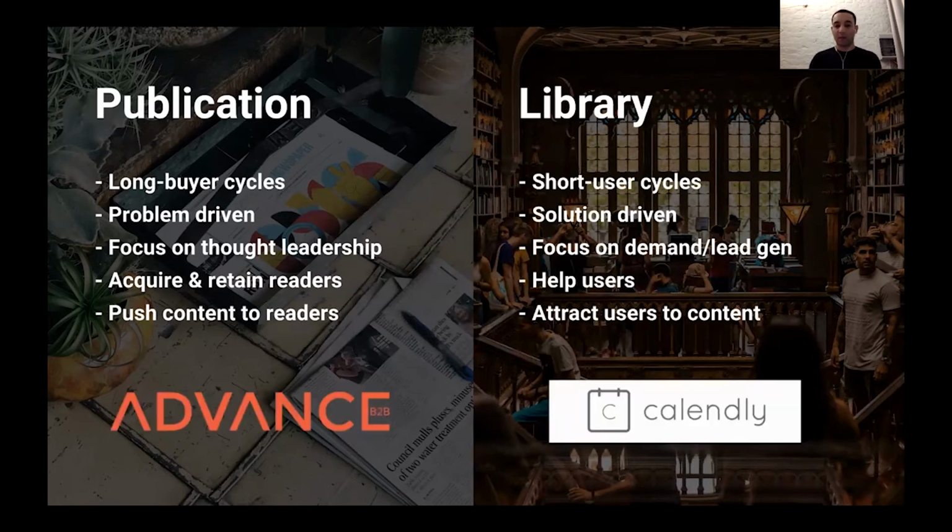And if we take a couple of companies as an example, so I mentioned I was previously working at Advanced B2B, which is a marketing agency specialized in working with SaaS companies and focusing on growth marketing. And if we take Calendly, which is a SaaS company that fits in very well to the product-led growth model, from a content strategy perspective, I would lean that Advanced B2B is more of a publication and Calendly is much better suited to a library.